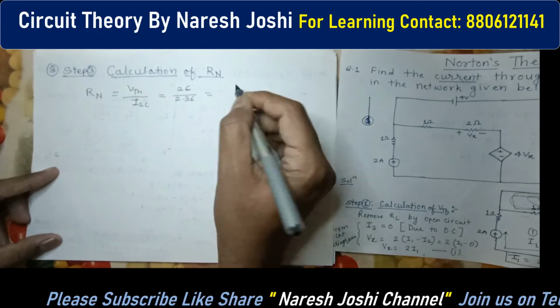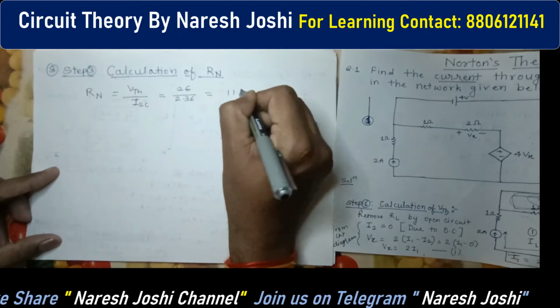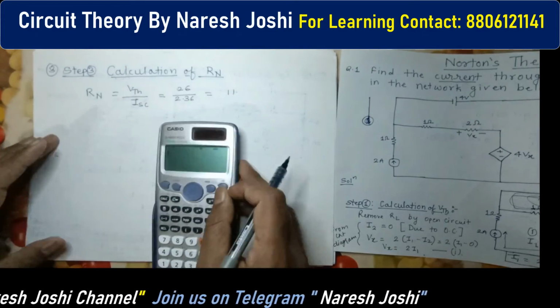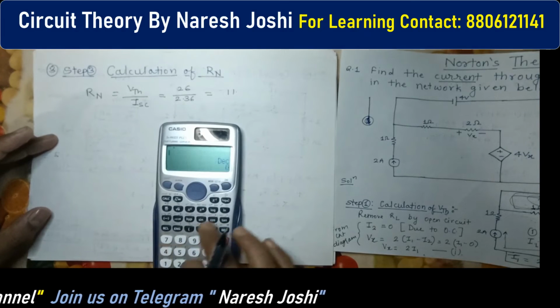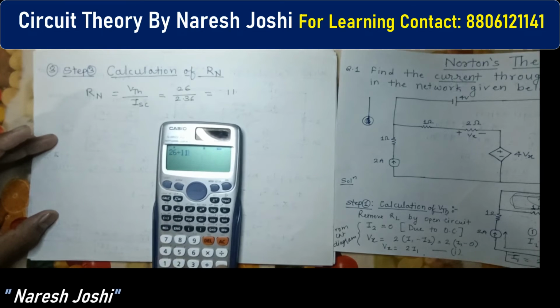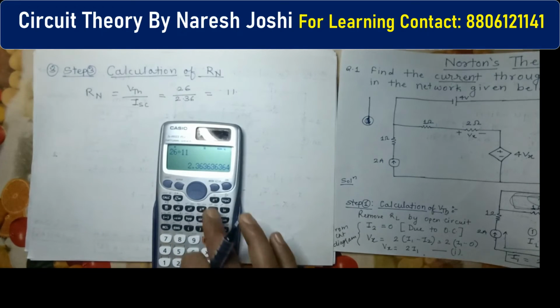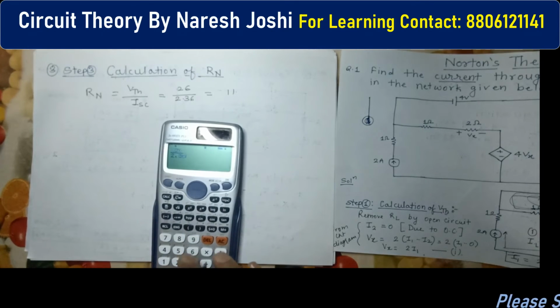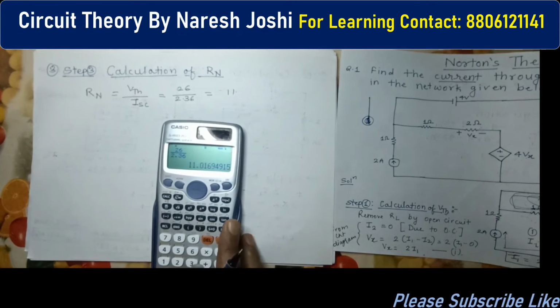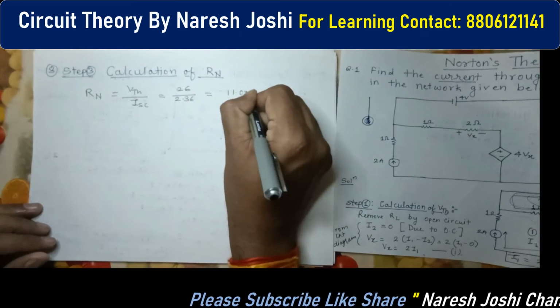When you simplify it, we can check it just for confirmation: 26 divided by 2.36 gives 11.016, so we can write it as 11.02 rounded up.